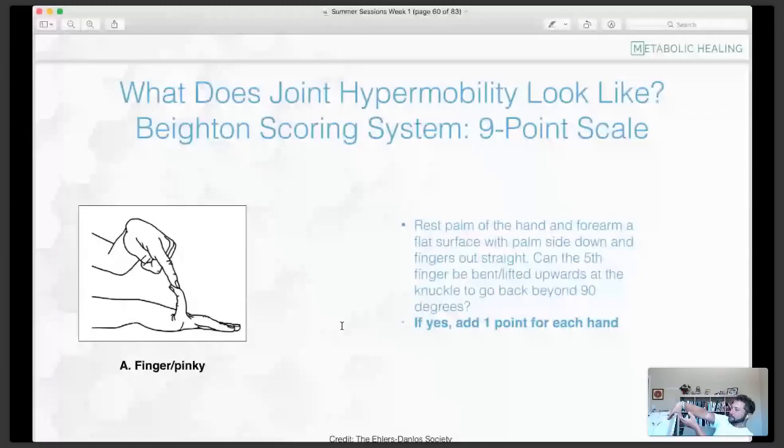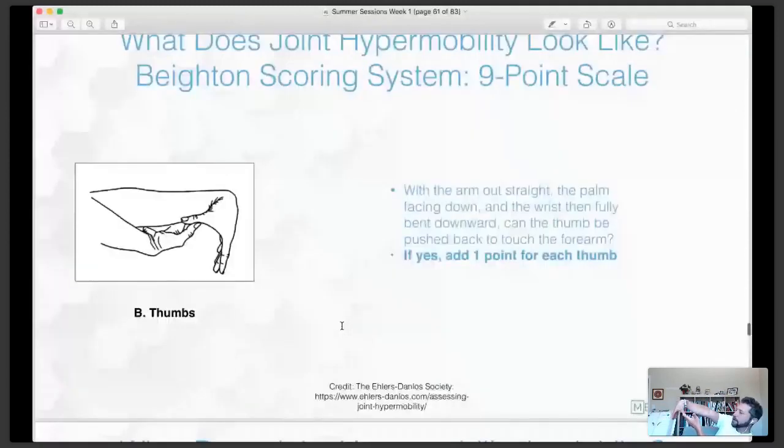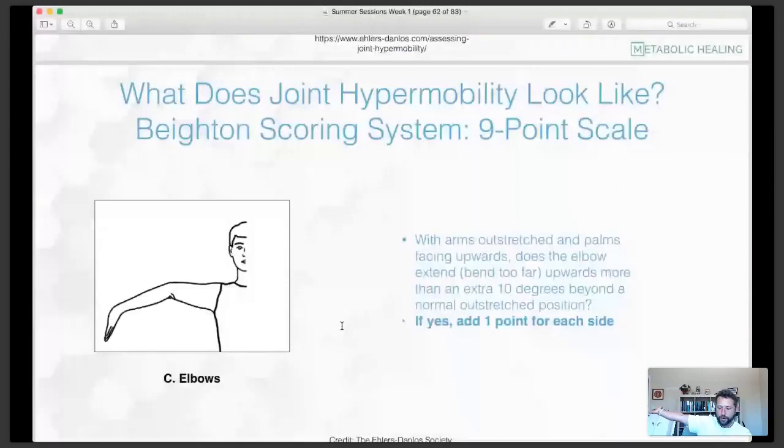Next is the thumb assessment. So thumb to forearm. Hopefully you can see me there. I can't do it, but if you could touch the thumb to the forearm, that's 1 for each thumb. And then the elbow test, palm up. If the elbow outstretches beyond 10 degrees past the normal outstretched position, that's 1 for each arm.